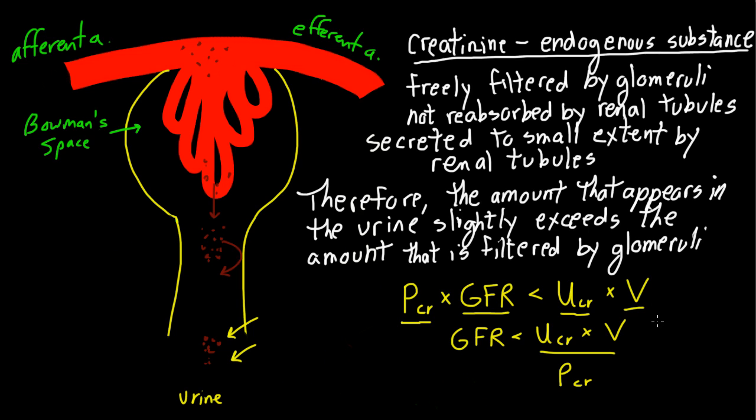Again, because creatinine appears in the urine both because of glomerular filtration and tubular secretion, the amount of creatinine that appears in the urine slightly exceeds that that's filtered by the glomeruli. Therefore, the UV over P term for creatinine will slightly overestimate the glomerular filtration rate. But for us clinicians, it's close enough.